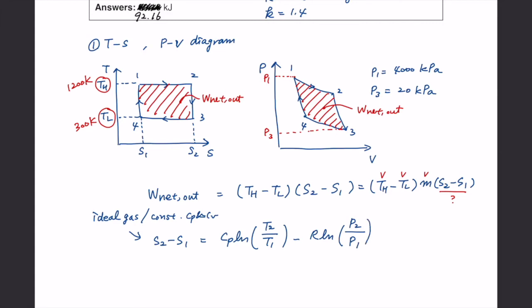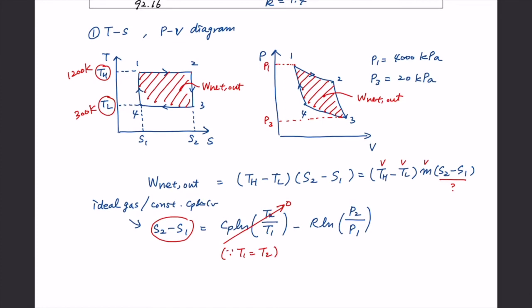Okay. So now when you think about the change between state 1 and state 2, the process is an isothermal process. So this term is gone because T1 is the same as T2. Now we know P1, but we don't know this P2.